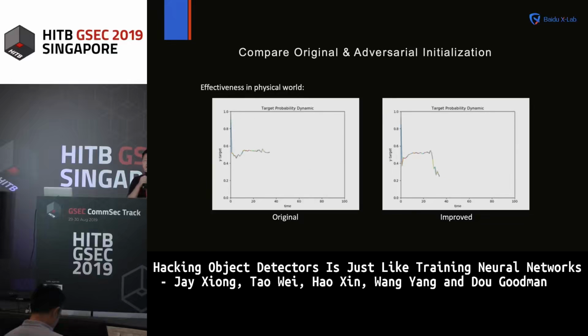So the deeper the confidence line drops, the more effective the adversarial example is. You can see the improved version has a larger curve when we put the sticker in front of the camera, which also proves that it's more effective.